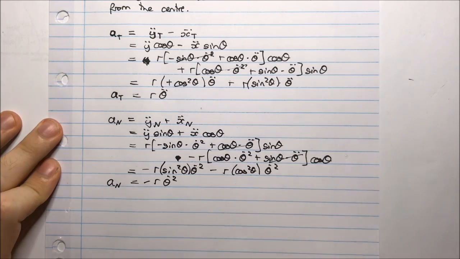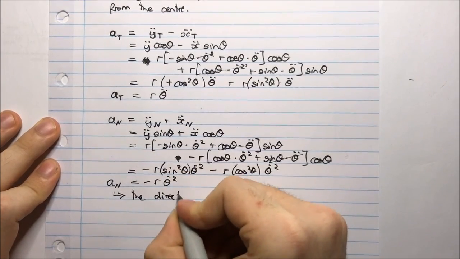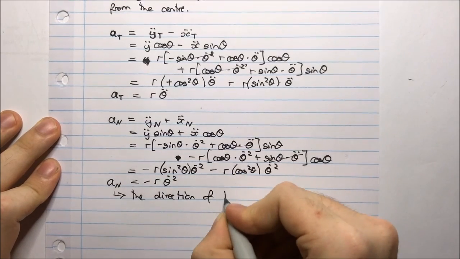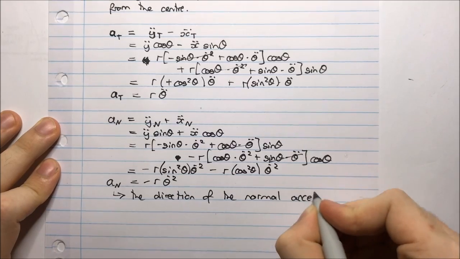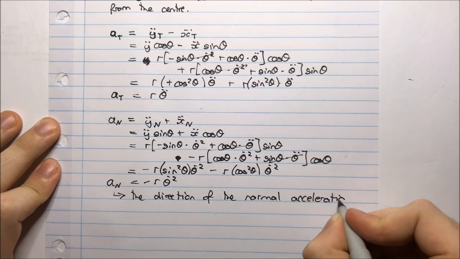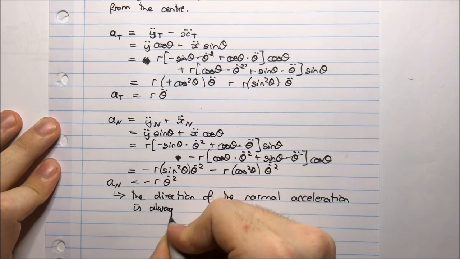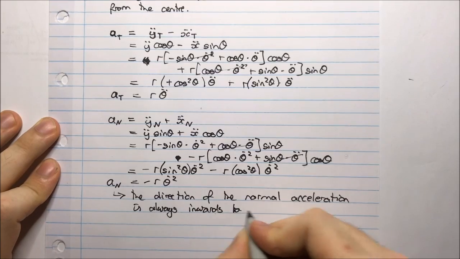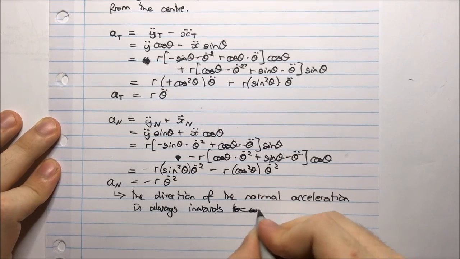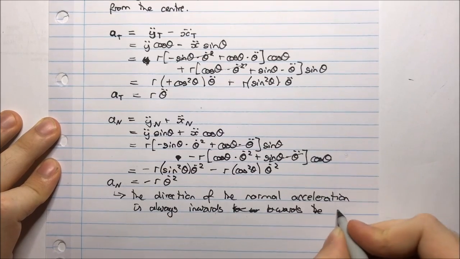So in other words, we flip the direction, and this is telling us that the direction of the normal acceleration is always inwards, towards the center of the circle.